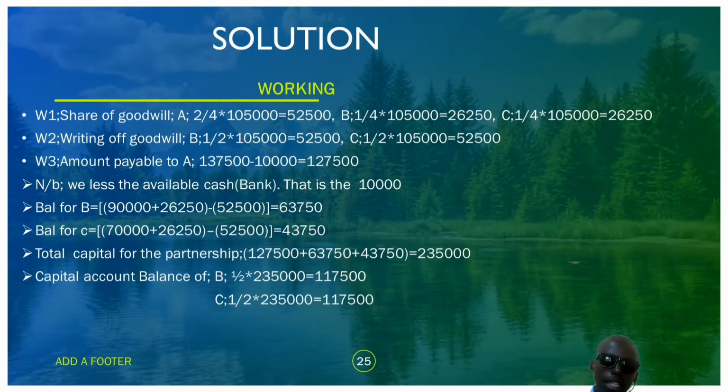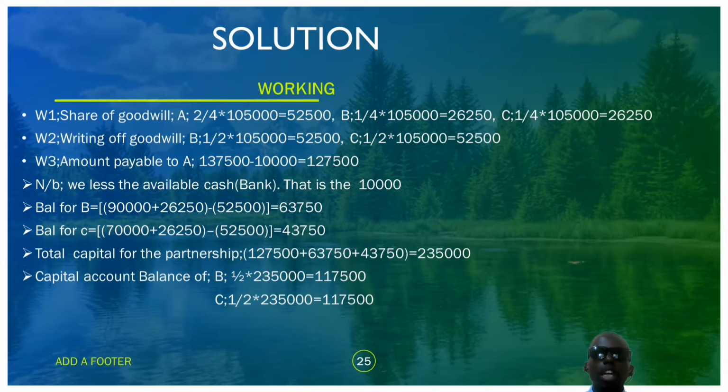We realize that A, B, and C are liable for settling the amount due to A. But remember, we have first of all to consider the bank. We first use what is in the bank to settle the amount.